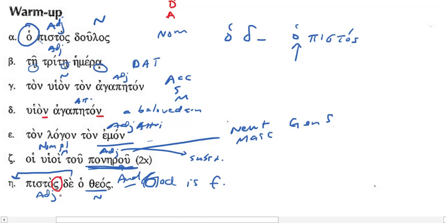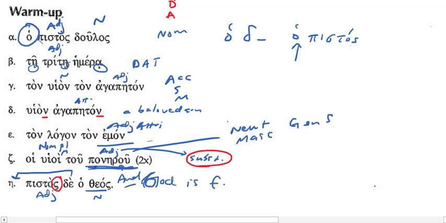I had sons of evil or the sons of evil, but he has sons of the evil one or the sons of the evil. Where's the one coming from? The issue here is that we have two possibilities. Tou ponerou could be neuter or masculine. It's functioning as a substantival adjective.